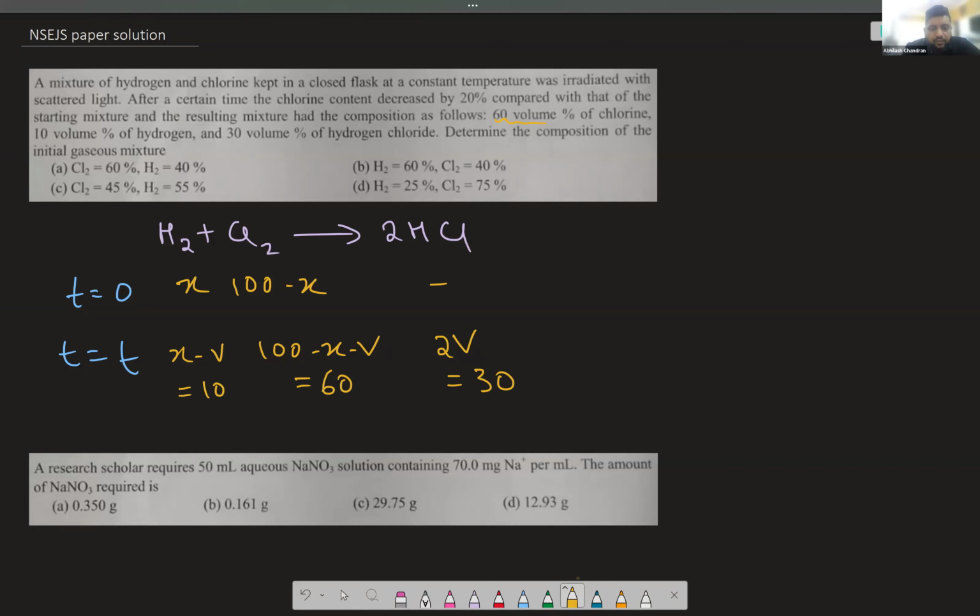So 2V is going to be equal to 30, which means that V will be equal to 15, which means that 100 minus x minus 15 is 60, right?